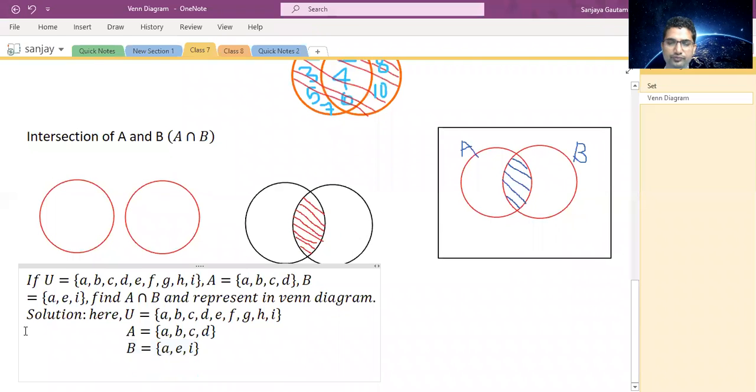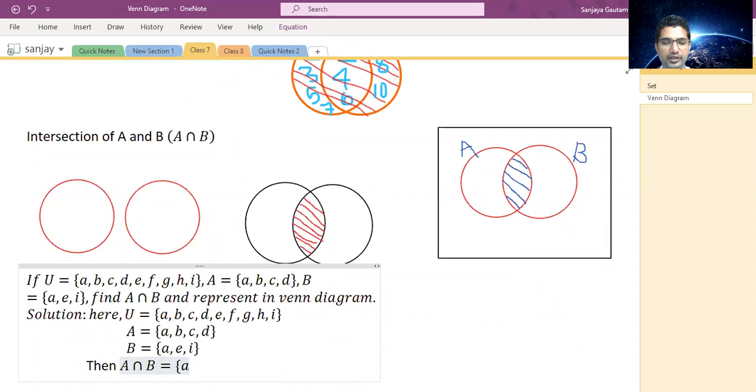So then A intersection B is equal to, first of all, what we need to write?